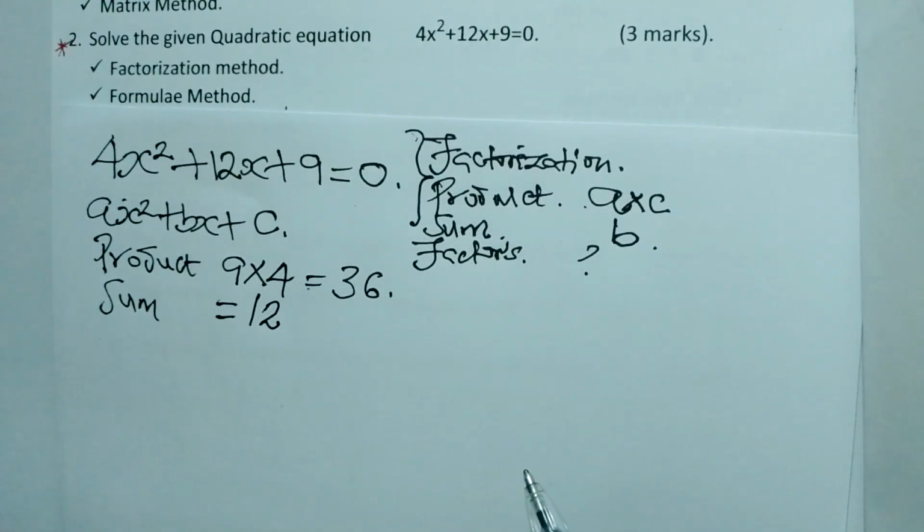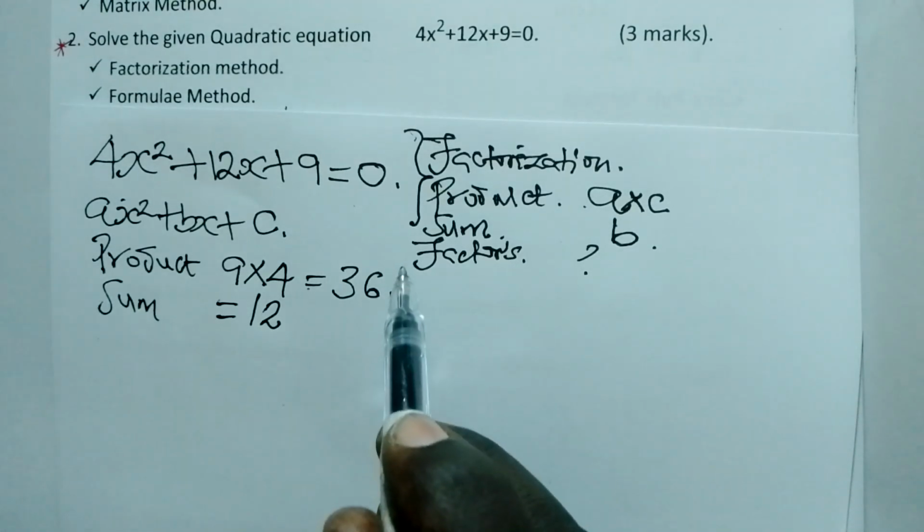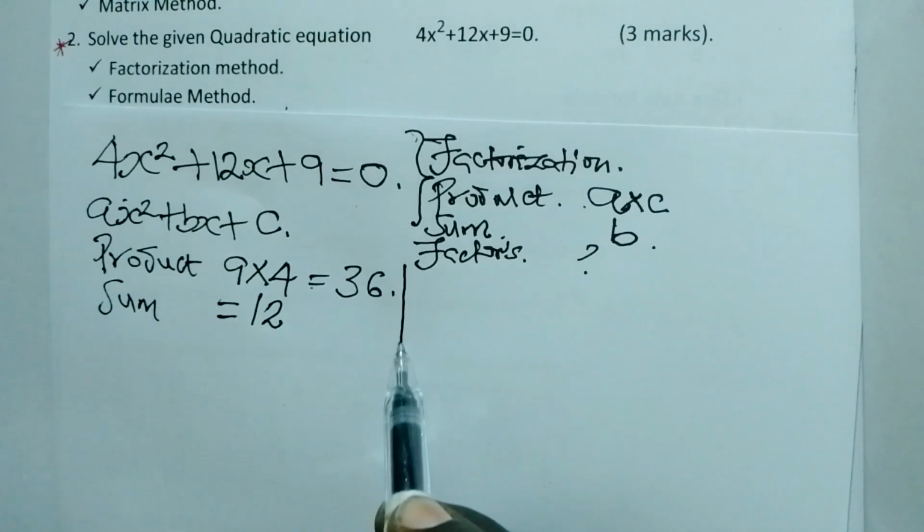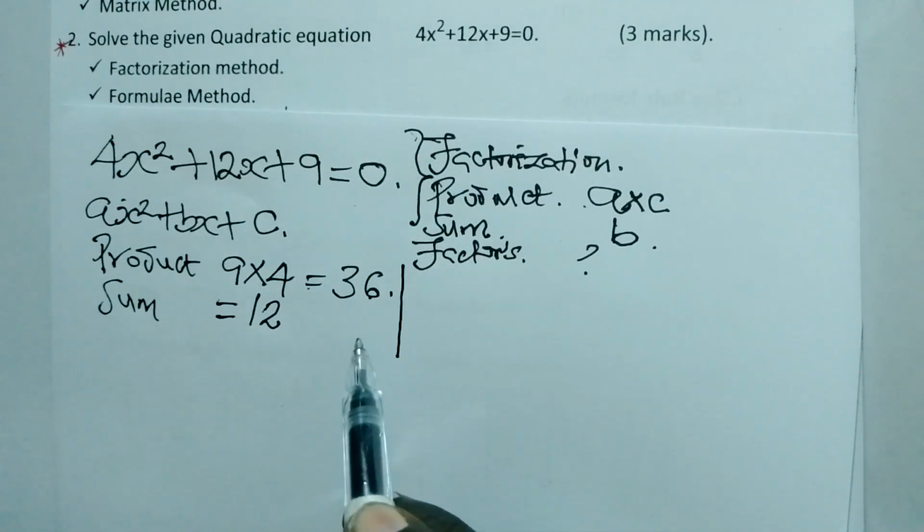Therefore, we have to look for two numbers such that when you multiply the two numbers, you get 36, and when you add the two numbers, you get 12.